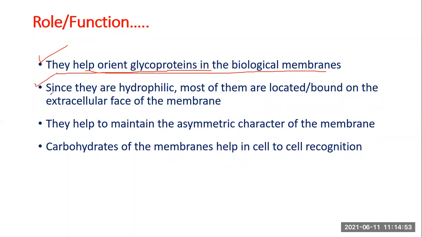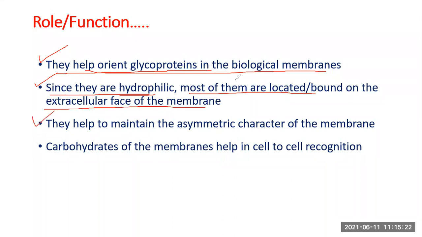Since they're hydrophilic, meaning they're made up of sugars, most of them are located on the extracellular phase of the membrane. Because it will be energetically very expensive for hydrophilic groups to pass through the hydrophobic core of the bilayer. So the majority of them are present on the extracellular phase, and we have seen it in the previous slide.